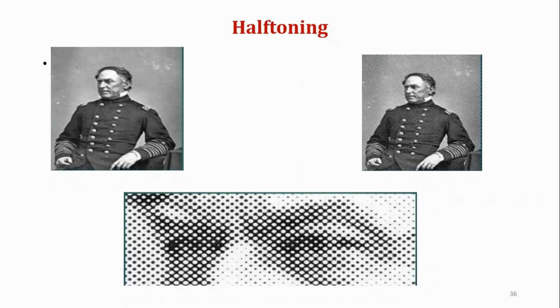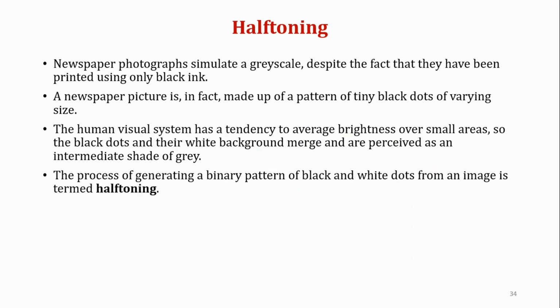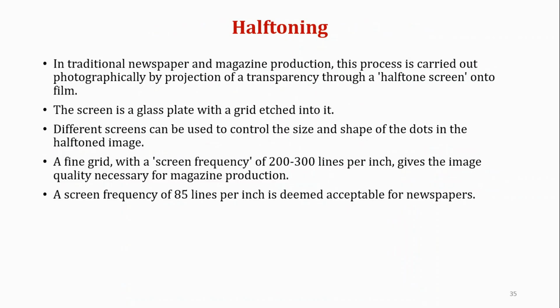So that is what is called half toning. Different shades of gray are generated by using this technique. The process of generating the binary pattern of black and white dots from an image is called half toning. Different screens can be used to control the size and shape of the dots.